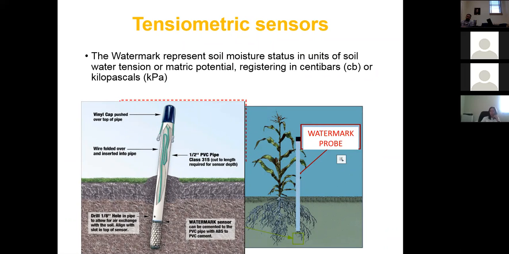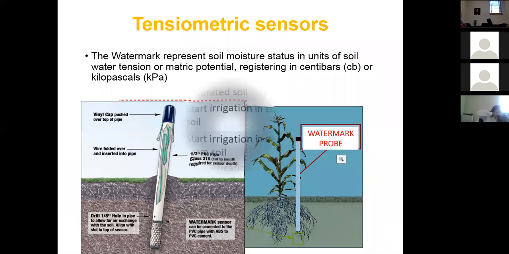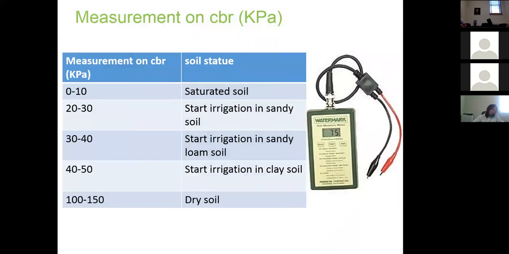It represents soil moisture status in units of soil water tension and registers the measurement in centibars. So, for example, if we have a measurement between 0 to 10 centibars, that means our soil is saturated. From 20 to 30 centibars, we start irrigation in sandy soil.